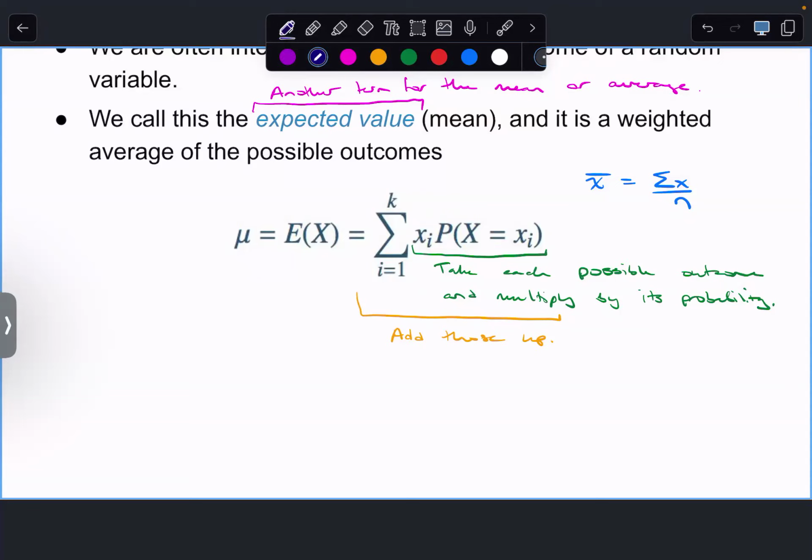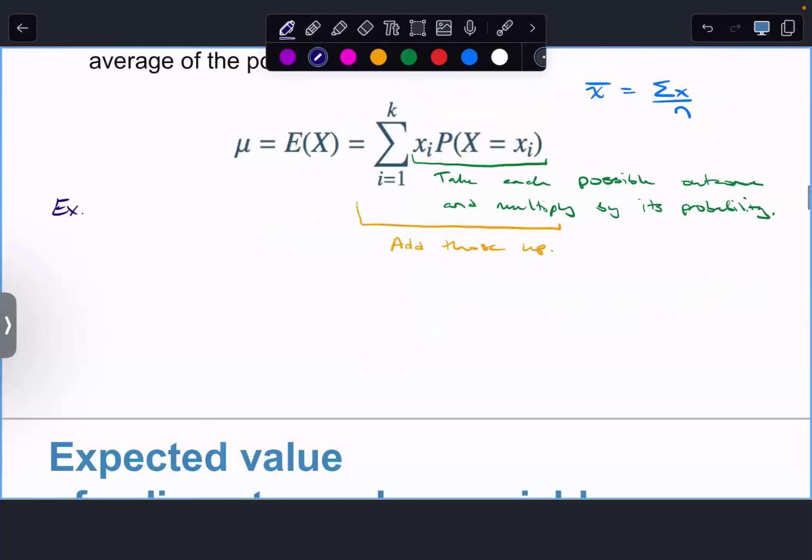Let's do a tiny example just to motivate why these are the same, right? And what we're assuming here. So as an example, what if I give you numbers like 3, 4, 6, and 11.